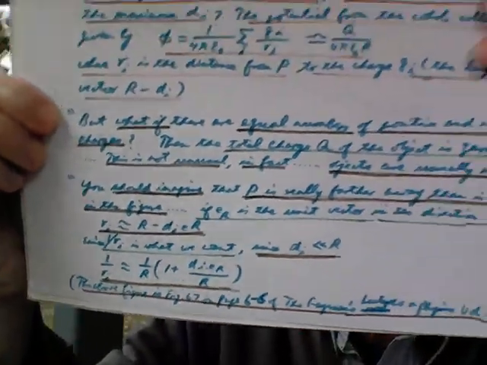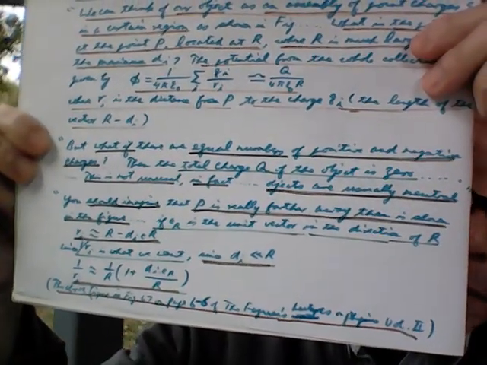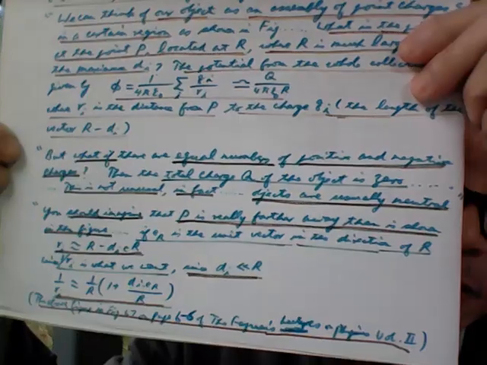And then since 1 over Ri is what we want, since Di is much smaller than R, then 1 over Ri is approximately equal to 1 over R, times bracket 1 plus Di dot eR over capital R. And actually, all these references are to the figure, taken from page 6 of the Feynman Lectures on Physics, Volume 2.